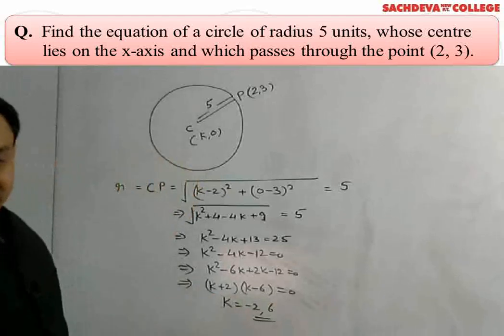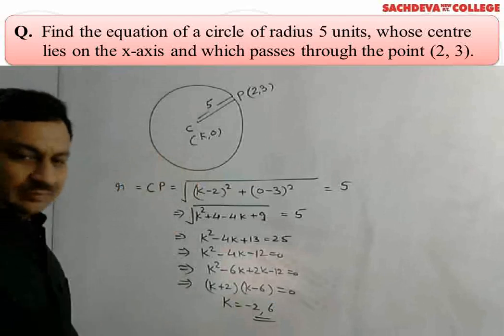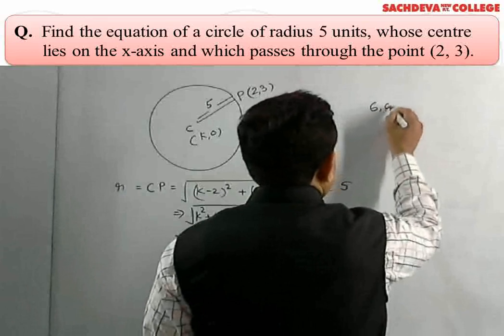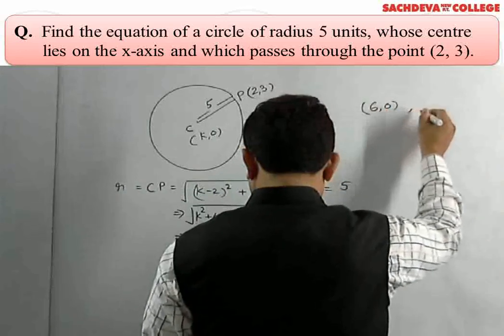So there are two centers of this circle. First (6, 0), and second center is (minus 2, 0).